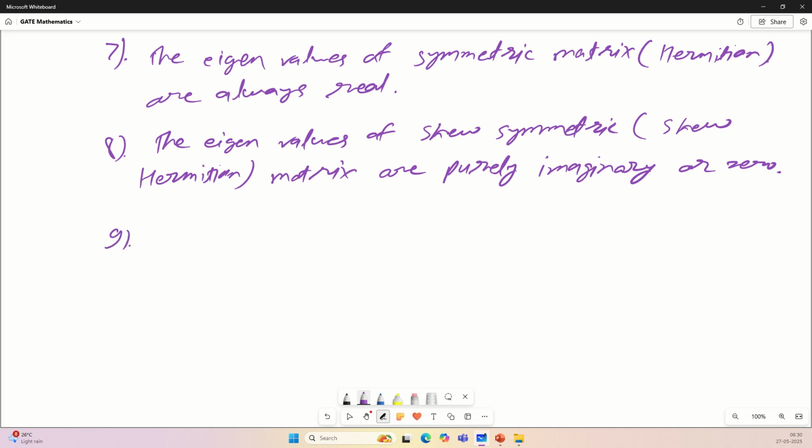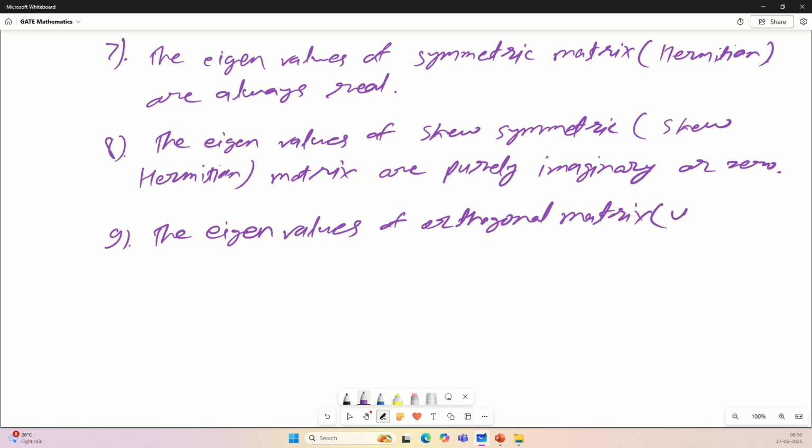So property number 9 is the eigenvalues of what is remaining. We have seen skew symmetric and symmetric, and then we are remaining with the orthogonal matrix. So the eigenvalues of an orthogonal matrix, or that is also a unitary matrix for complex numbers, are of absolute value 1.